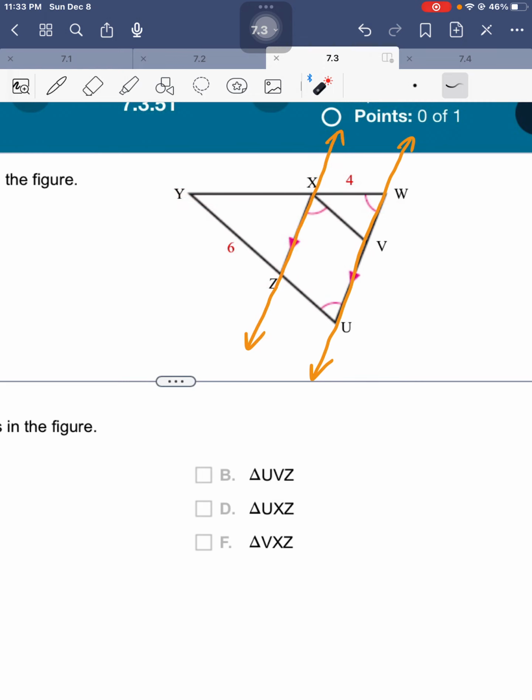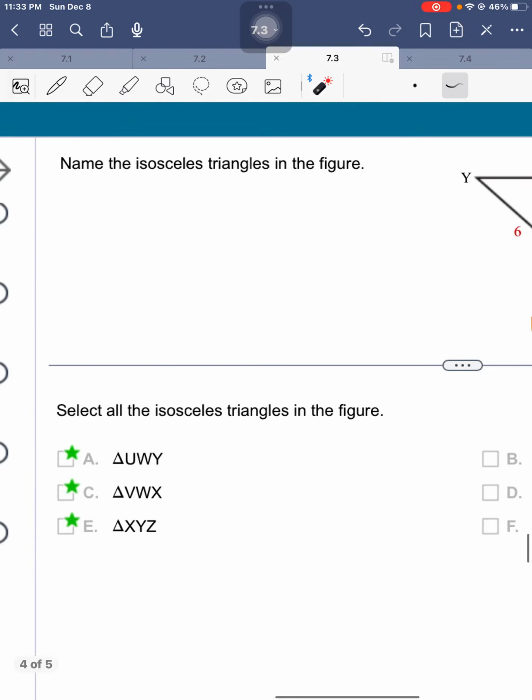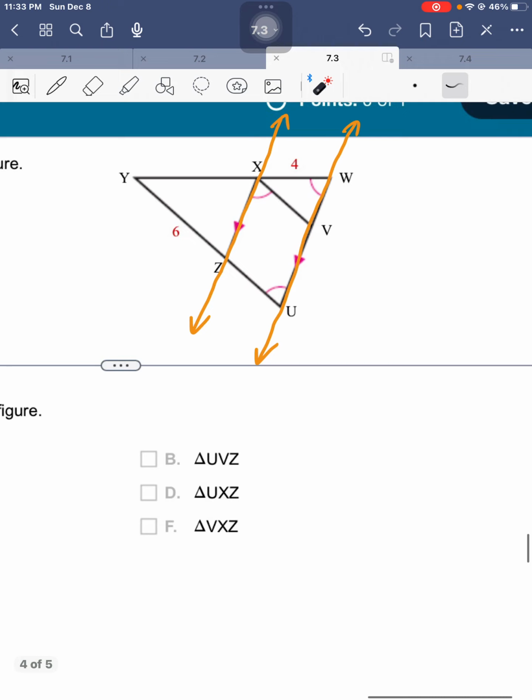Any one of these can be my transversal, but let's first take a look at the easiest triangle we can see. There are multiple triangles here. There's this big one, 2, 3. So there are 3 triangles.